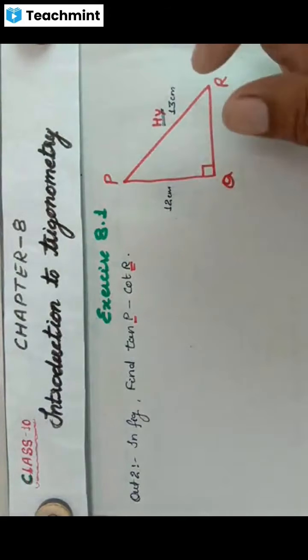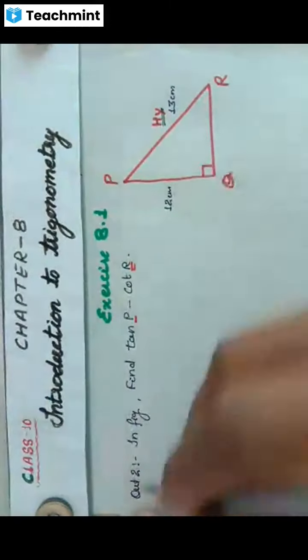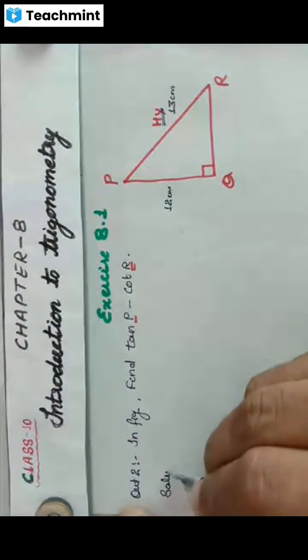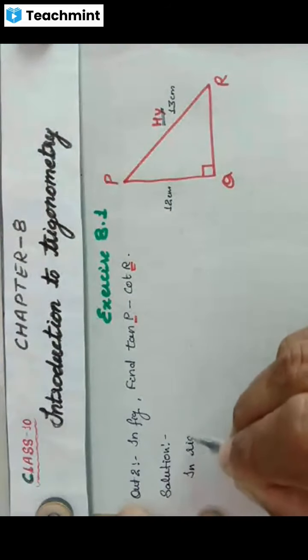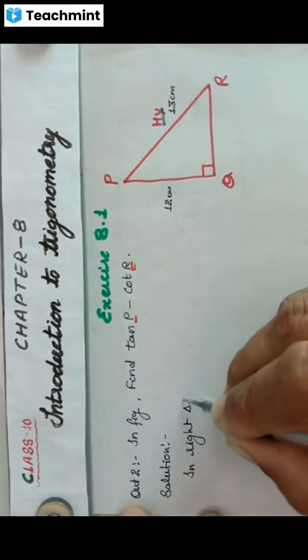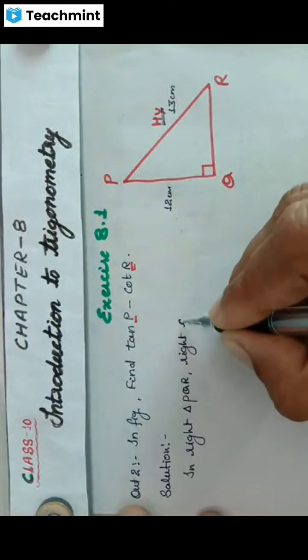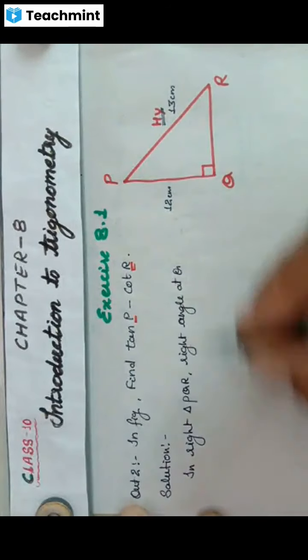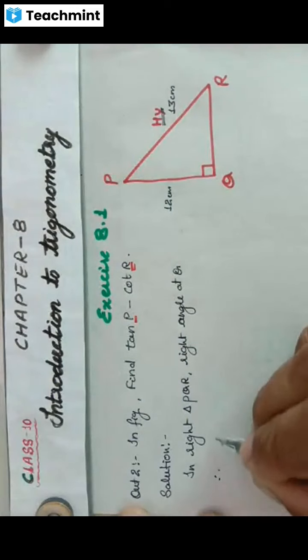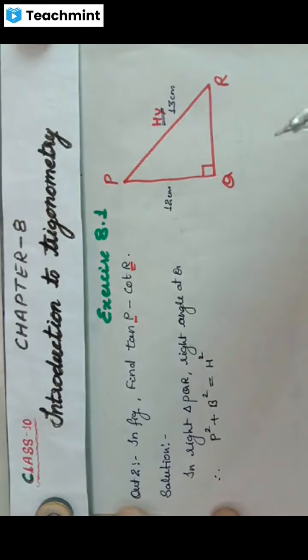So now we are not going to consider theta as P. Simply we are observing using the Pythagoras theorem. We have the solution. You can see in right triangle PQR, the right angle is at Q, right angle at Q. So you can write perpendicular whole square plus base whole square is equal to hypotenuse whole square.